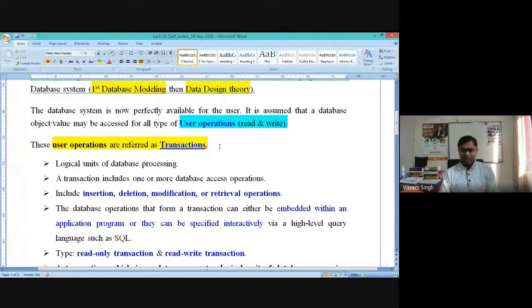If that read operation fails because of any external reason, there is no issue, right? Whenever we are simply reading a data value in the database, if because of some external or internal reason that operation is interrupted and fails, there is no issue with that, because we are not manipulating it.